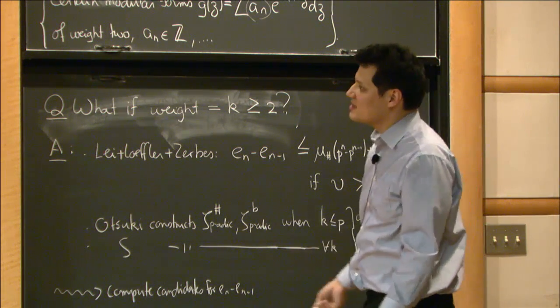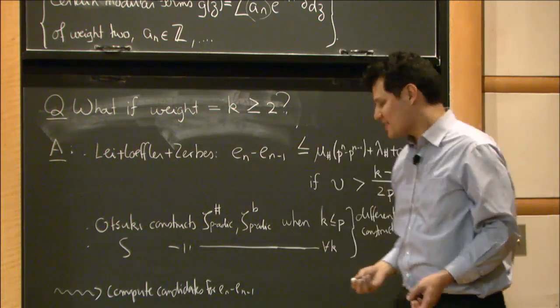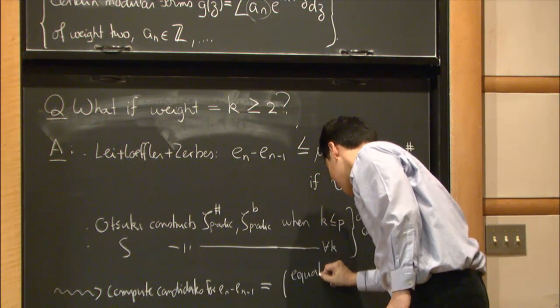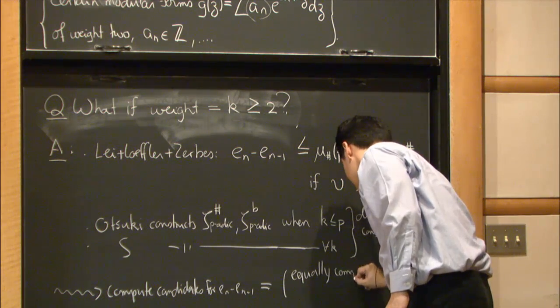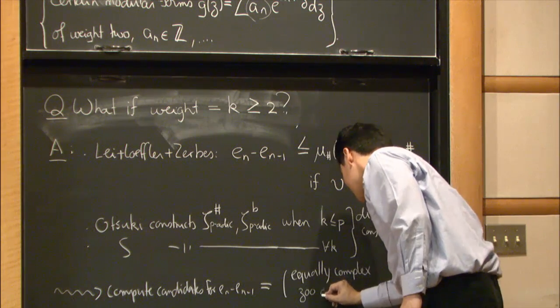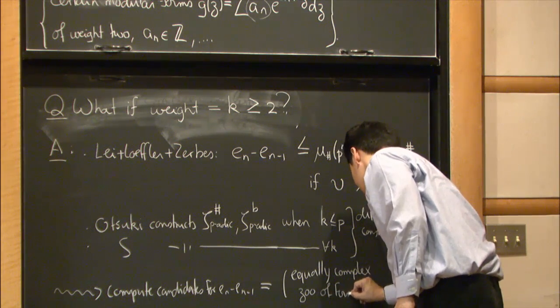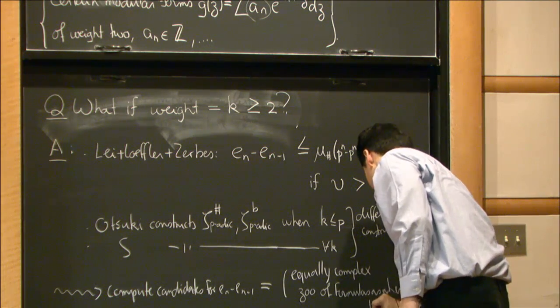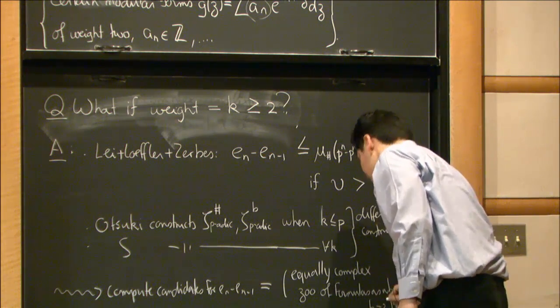They behave equally crazily in the higher weight case. So there's equally complex zoo of formulas as in the case when the weight is equal to 2.